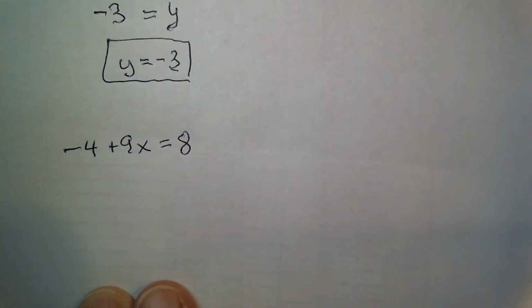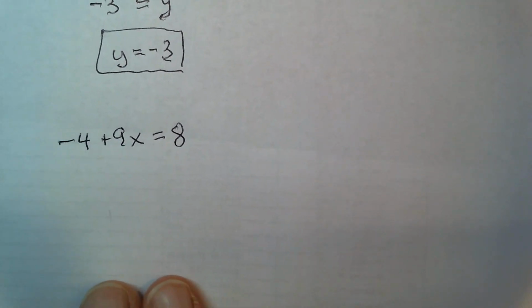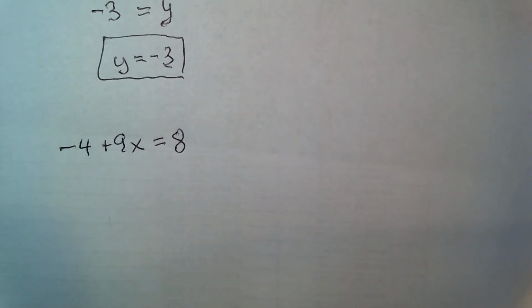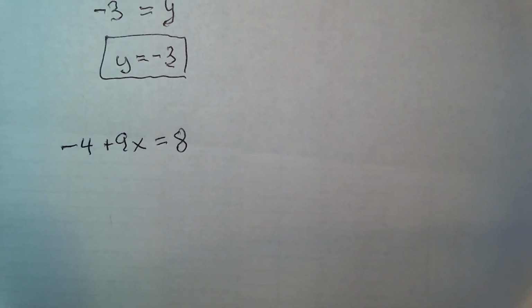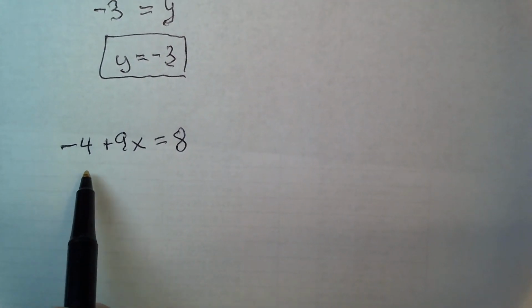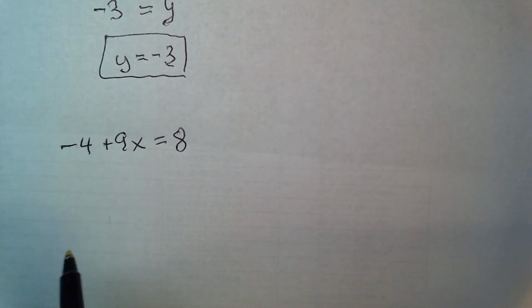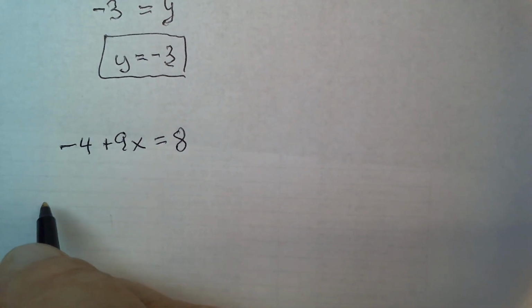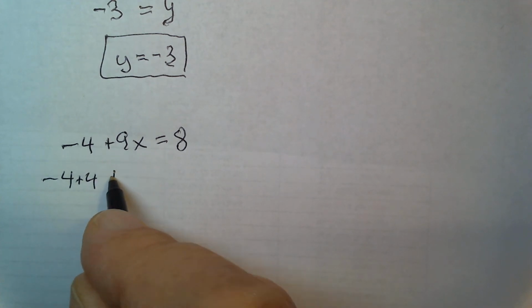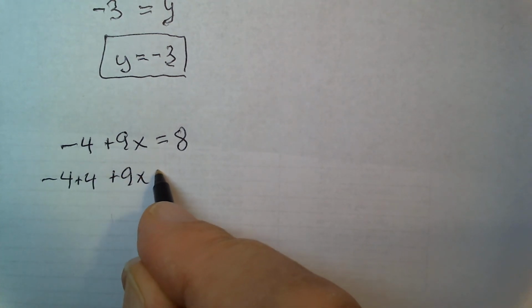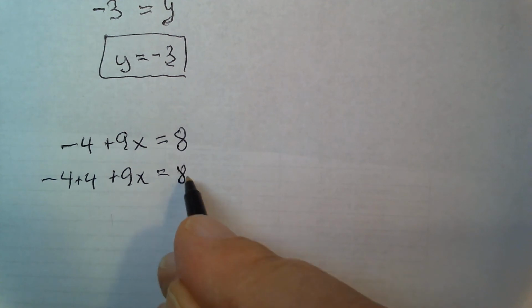So that is the equation that we want to solve. And so we typically apply the addition property of equality first. In other words, we add 4 to both sides. So we wind up with minus 4 plus 9x equals 8 plus 4.